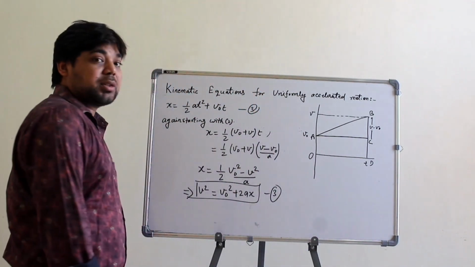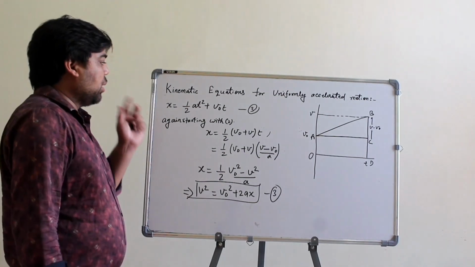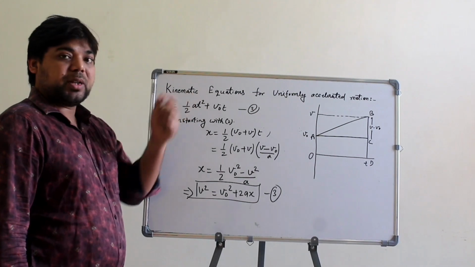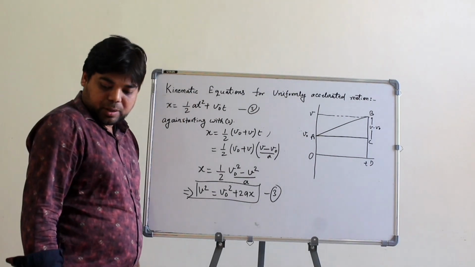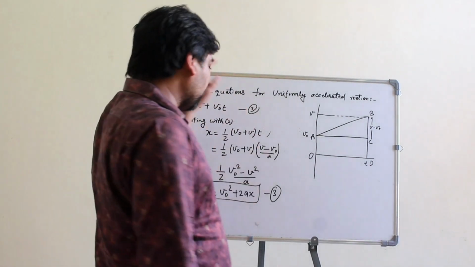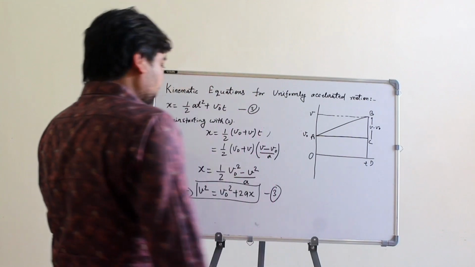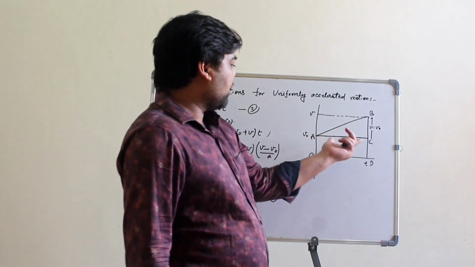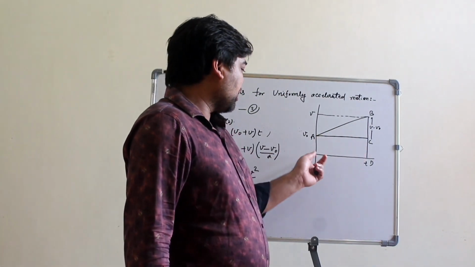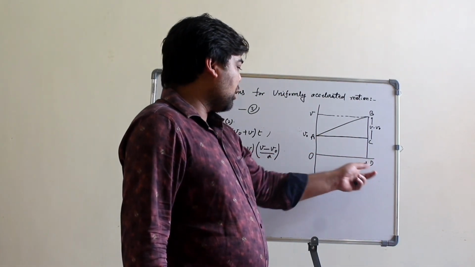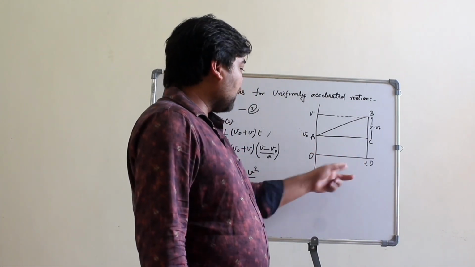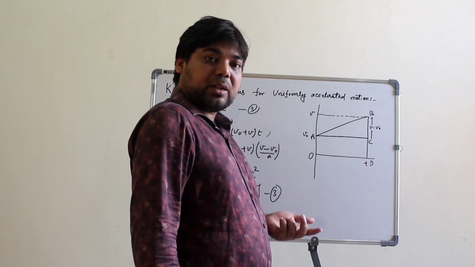Now these 3 equations are called the equations of kinematics for uniformly accelerated motion, right? Now we will go to another method which is called the integral method. This is for the case where time varies within a larger interval.